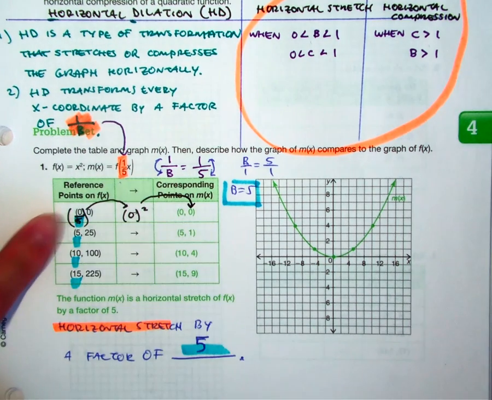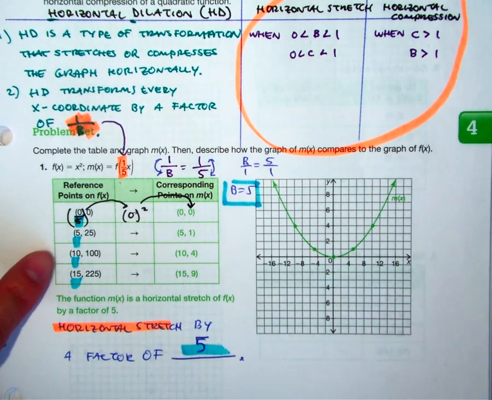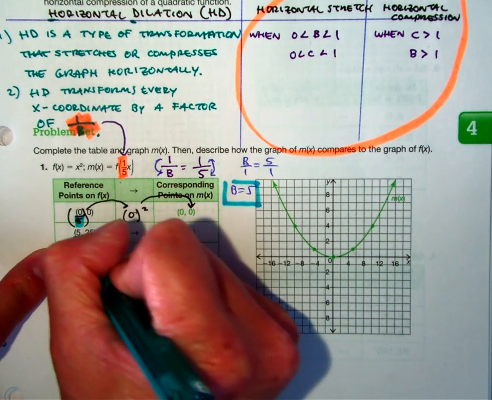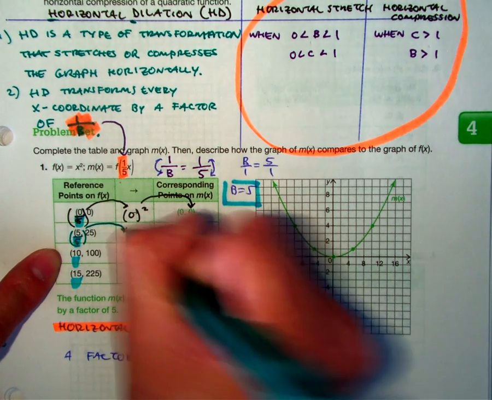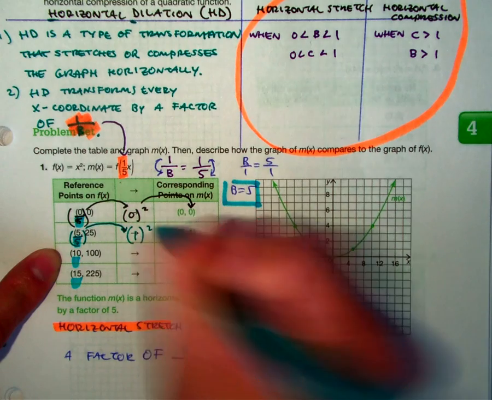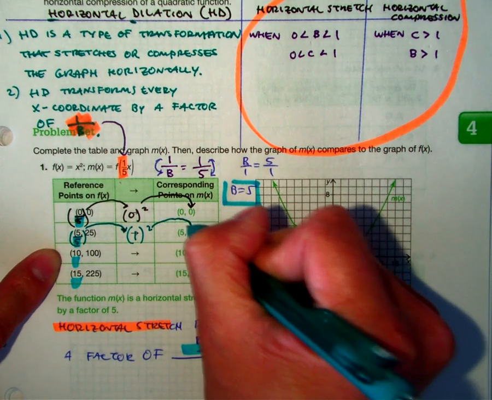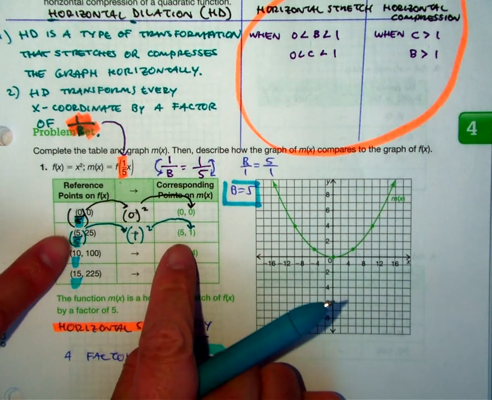Okay, let's try another one. Class, what's 5 divided by 5? It's 1. And 1 squared is 1. So my new coordinate is (5, 1).